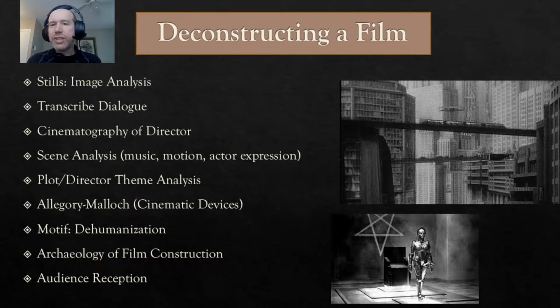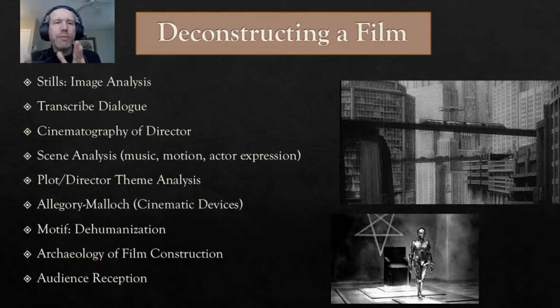You could also potentially do a scene analysis rather than a still analysis of a particular image. You're analyzing a particular scene in the movie, like when Joe goes to the bar and is essentially beginning the process of recruiting him into the Communist Party.